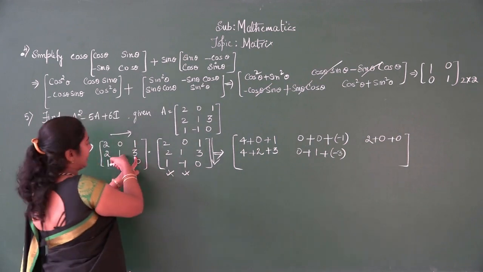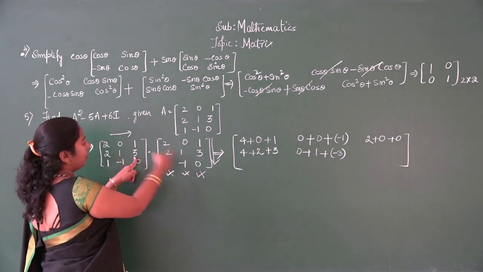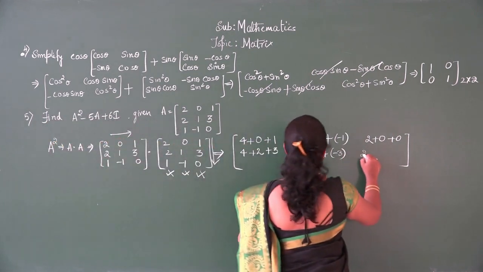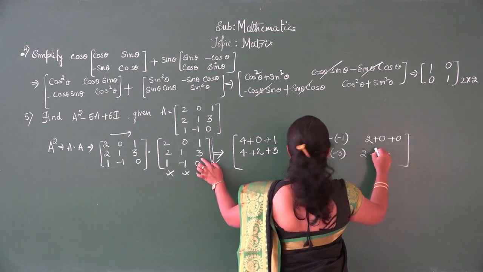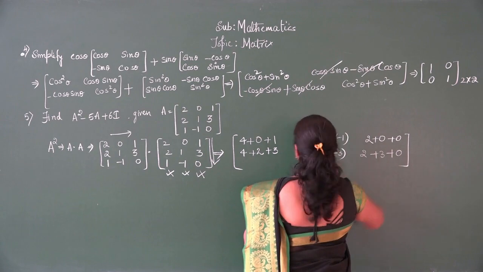Then the second row, third column: 2 into 1 is 2, plus 1 into 3 is 3, plus 3 into 0 is 0.